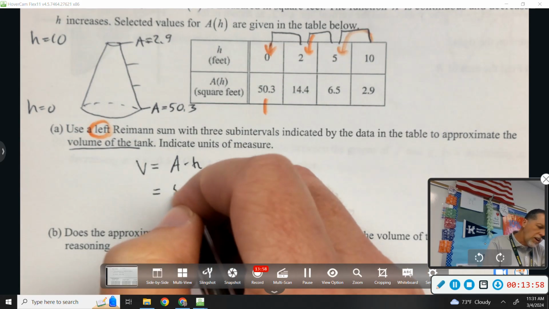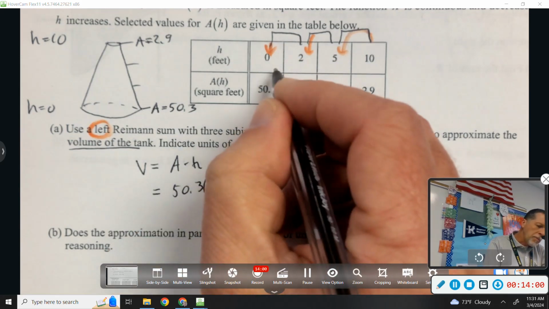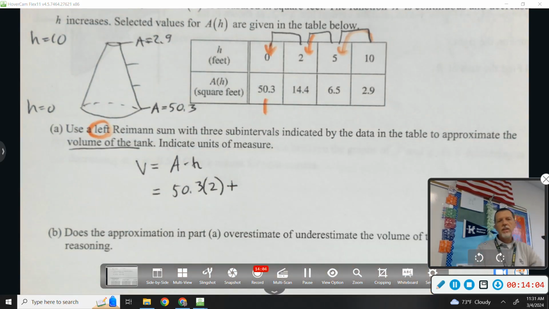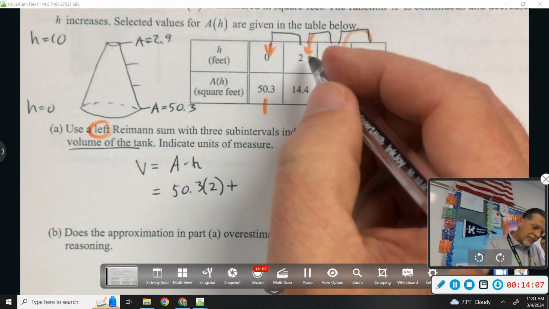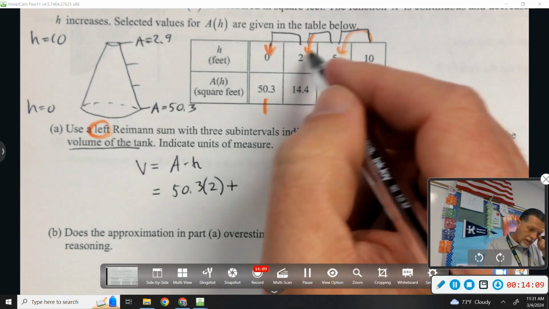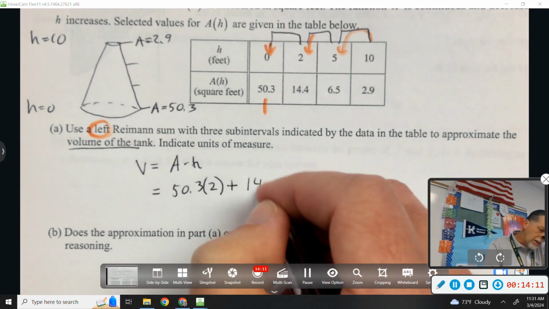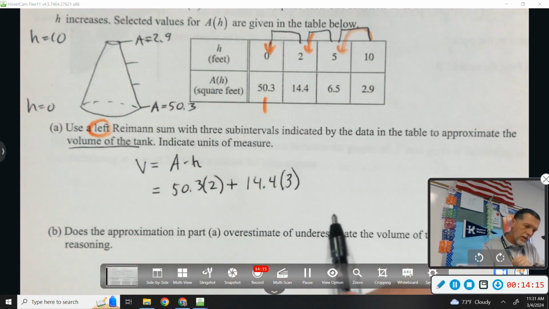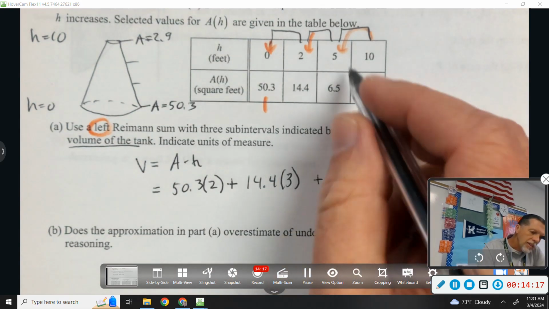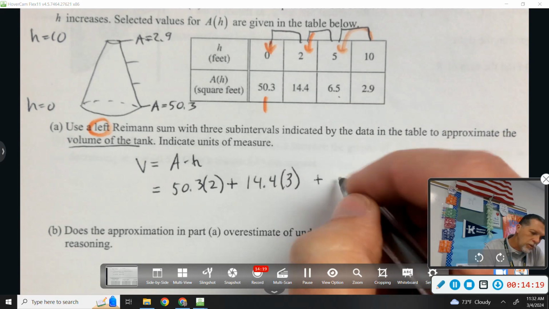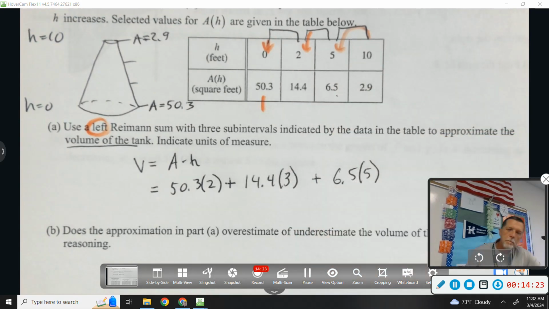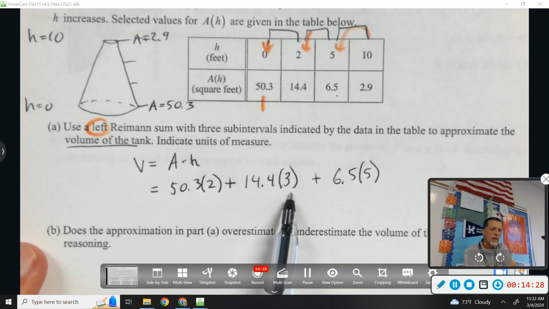So the first area is 50.3 and the height is 2. And the next segment, I guess, is area of 14.4 and a height of 3, 2 to 5. And the next area is using 6.5 for the area and a height of 5. Yeah, 5 minus 2 is the 3.